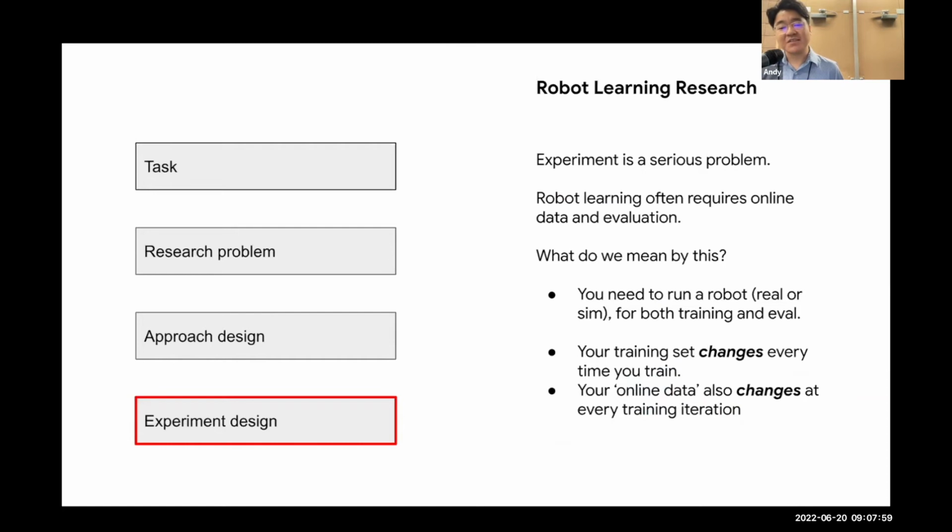What do you mean by this online data and evaluation? It essentially means that you need to run a robot in real or in sim for both training and eval. Okay, what's so bad about running a robot? Well, once we run the robot, there are things that happen. Your training set is essentially obtaining online data, meaning that what you use for your training changes every time you train.